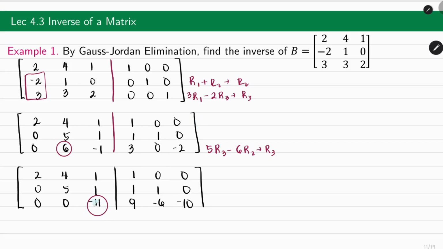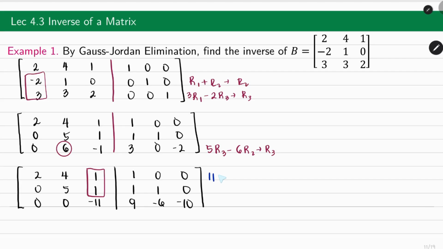We can make this positive 1 by dividing the third row by 11. However, it will be tedious for us to deal with fractions. So, let's just divide that later. Okay? Next, we are going to transform this into 0. Let's have the row operation for that.